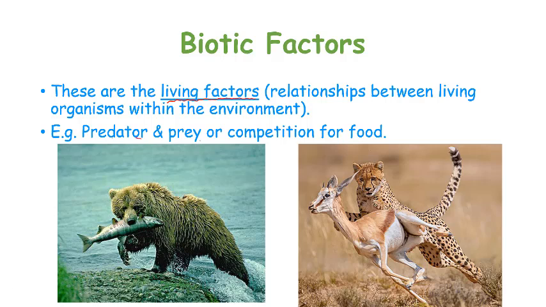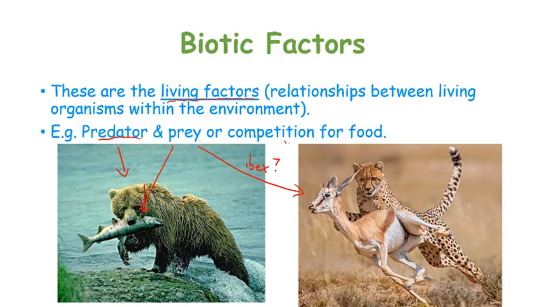So we can have predator and prey, which is the example down here, where the bear is the predator, the prey is the fish. Or in this one, we have got the cheetah, which is the predator, and I'm going to guess this is an ibex, but I couldn't be sure, and that's the prey.